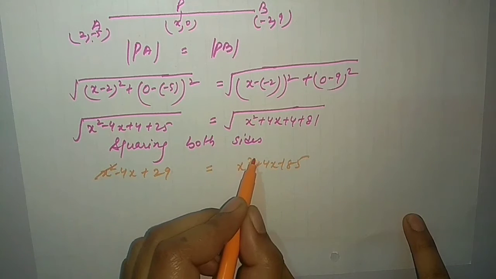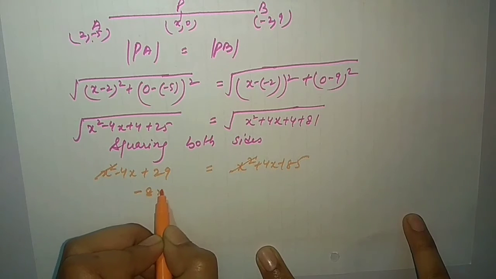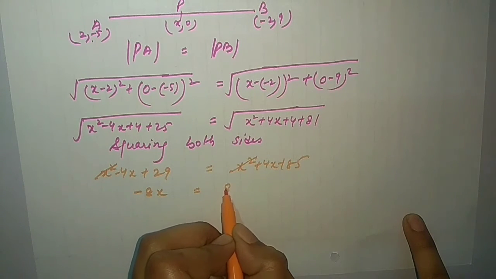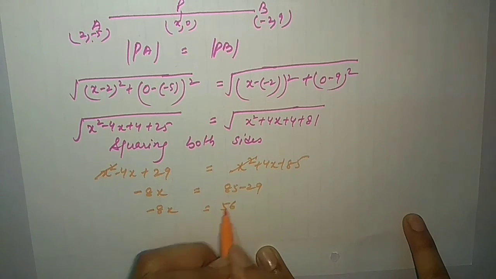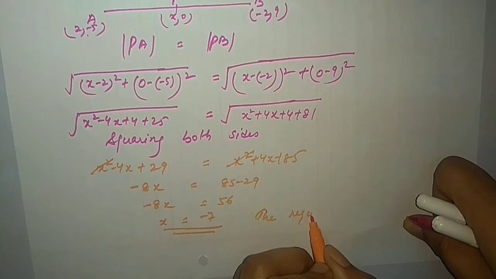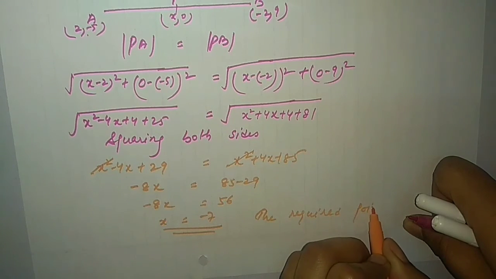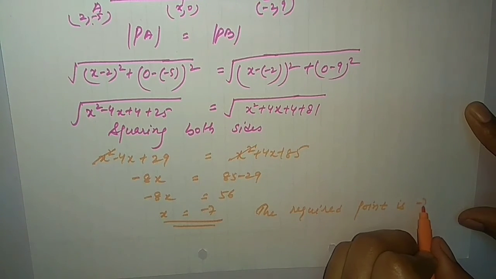Here x square will cancel x square, and on solving we get minus 8x is equal to 85 minus 29, that is minus 8x is equal to 56, and x is equal to -7. So the required point is (-7, 0).